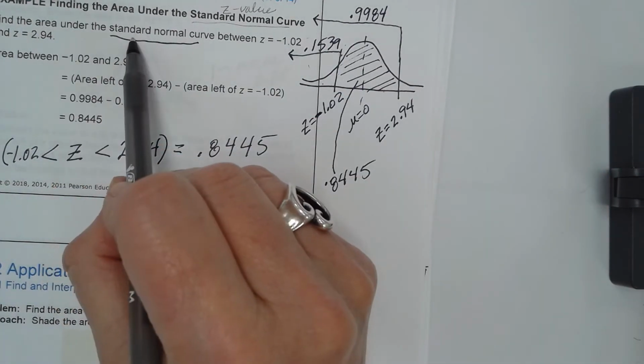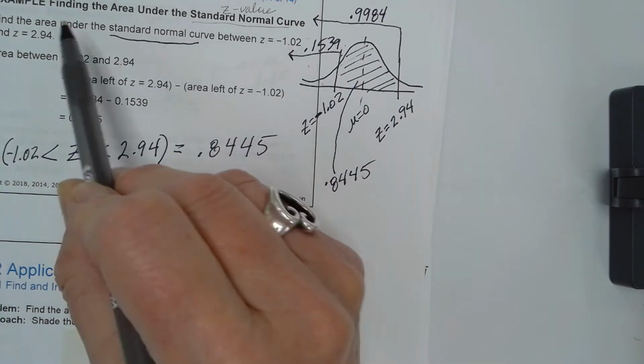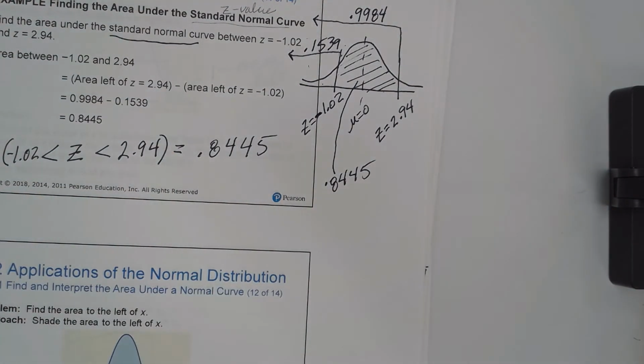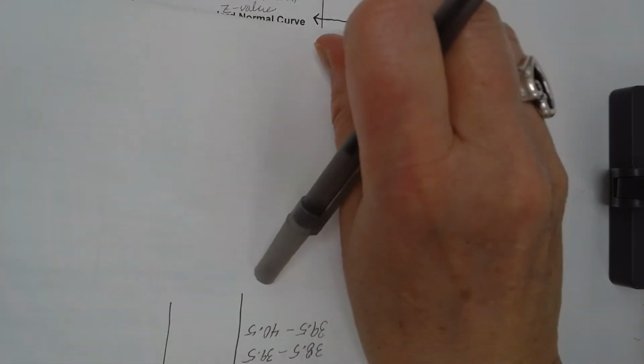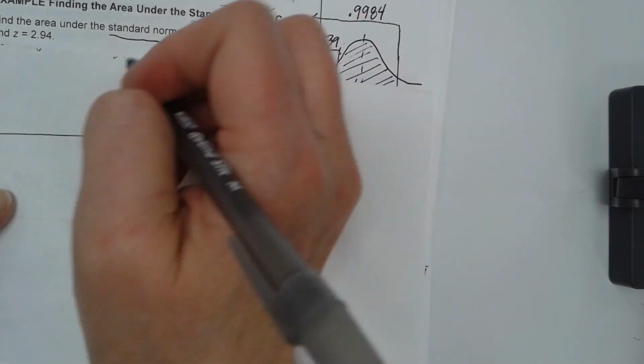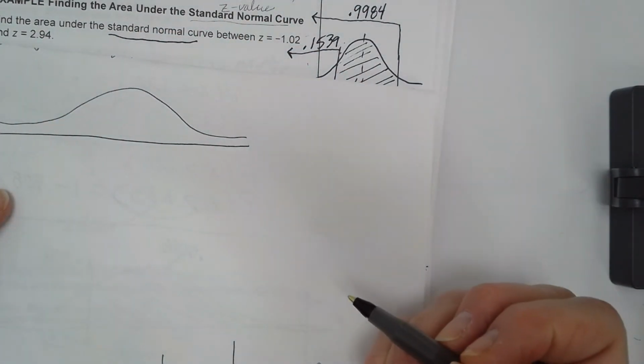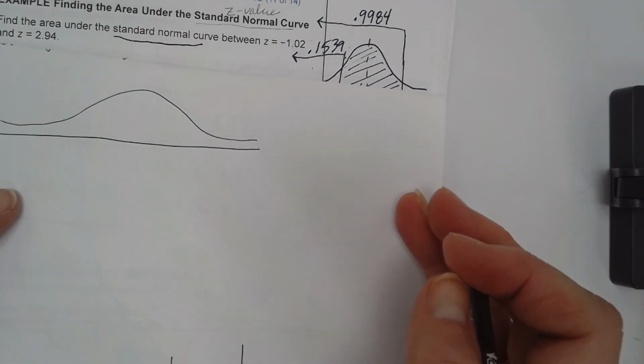So find the area under the standard normal curve between z equals negative 1.2 and z equals 2.94. Okay, so it says it's a standard normal curve. So I'm going to start off by drawing a normal curve.